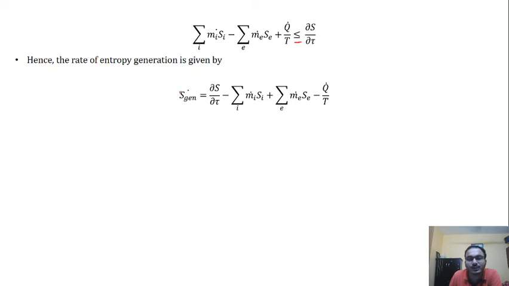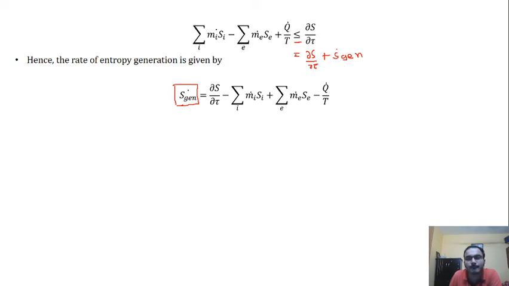So whatever difference is there will be exactly equal to S dot generation. This is simple mathematics: suppose we put an equal sign here and write delta S upon del tau plus S dot generation, then you can simply obtain the value of S generation.